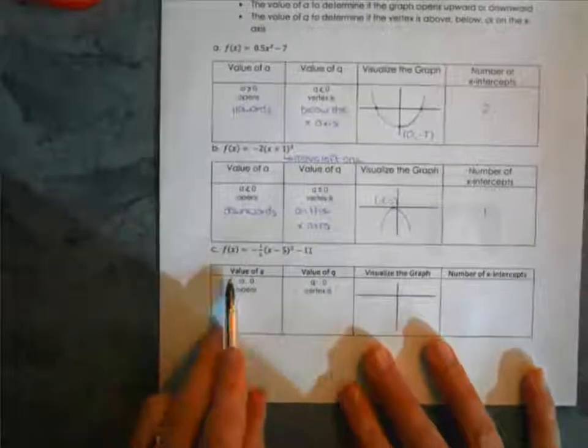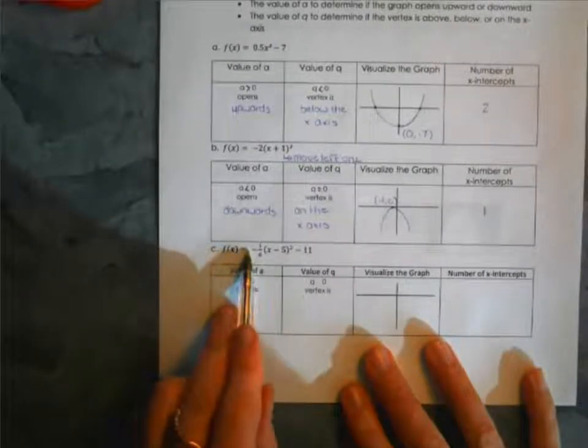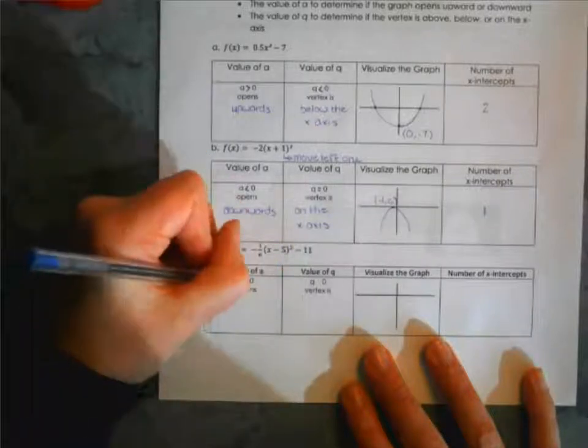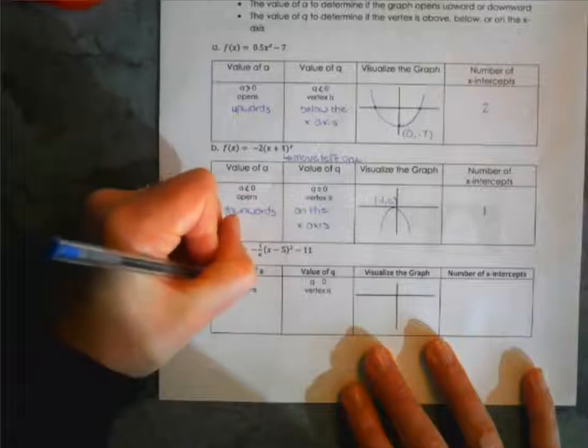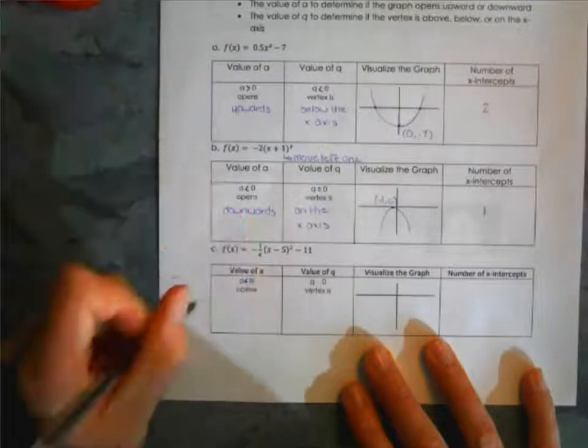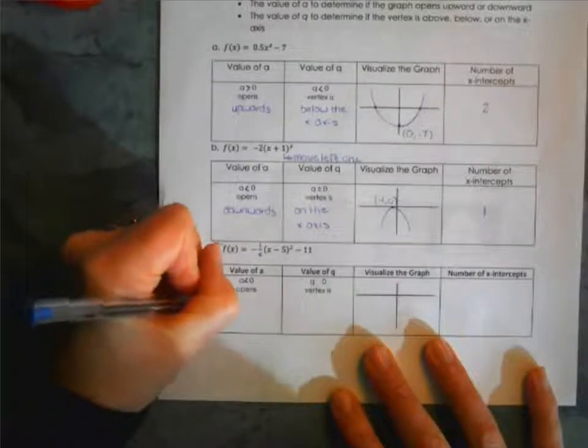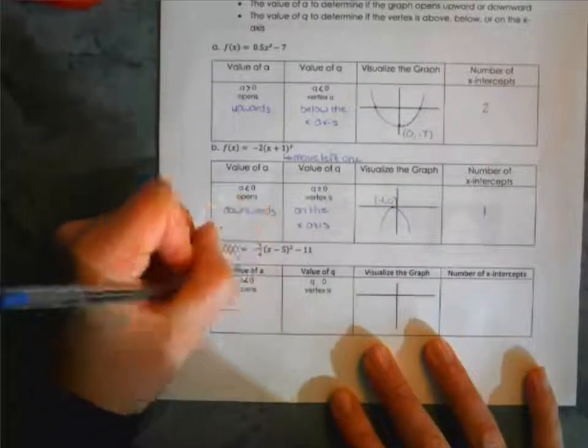Okay, now the last one here we have f of x is equal to -1/6. So what does that tell us about the value of a? Well, the value of a compared to 0 is less than 0. So that means that we know that it's opening downwards. What does the fraction here tell us?